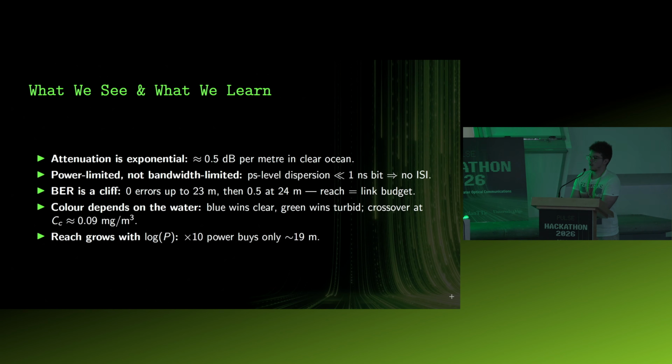Okay, so what do we get from all of this? Basically, we get that the attenuation is exponential. Our system is power limited, but not bandwidth limited. The bit error rate in our case is basically binary. Either we have no errors, or we have all the possible errors.